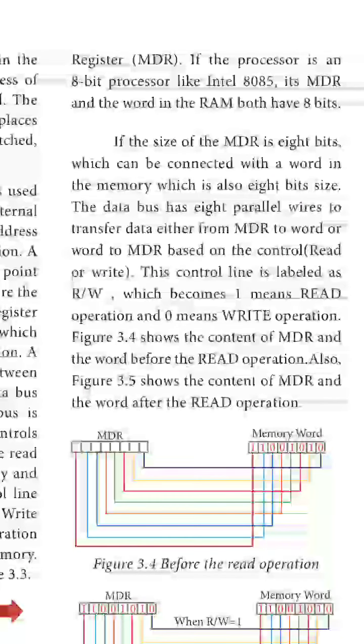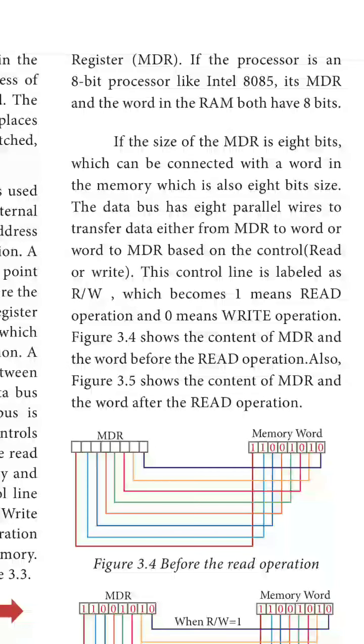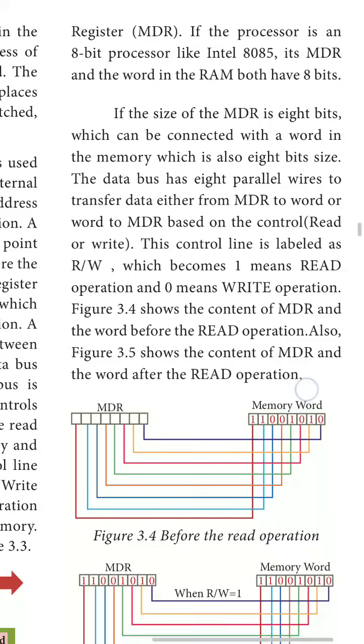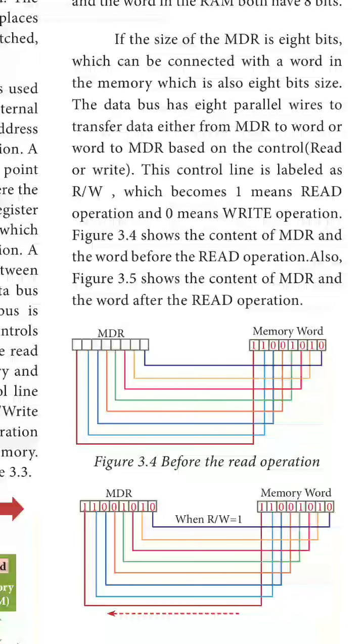Based on the control line, labeled R or W, 1 means read operation and 0 means write operation. Figure 3.4 shows the content of the MDR and the word before the read operation, and figure 3.5 shows the content of the MDR and the word after the read operation.